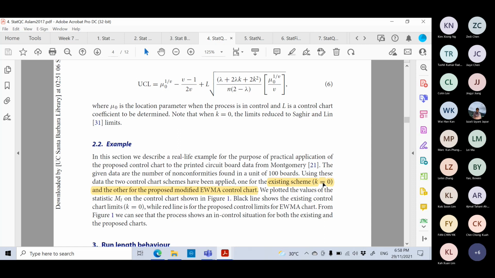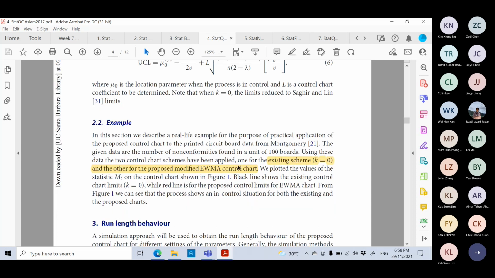Therefore, some researchers will take examples from other books. In this example here, they took it from a textbook. Because it is not primary data, it is just secondary data from other books' examples.